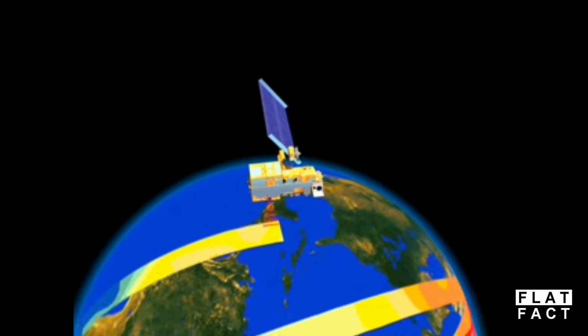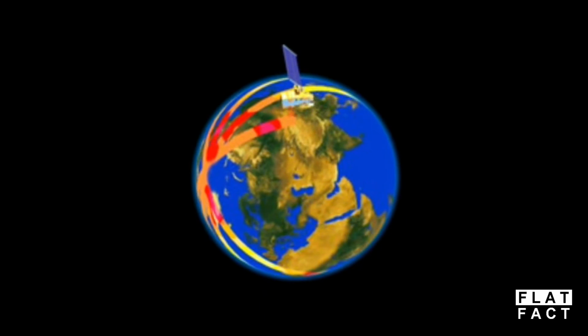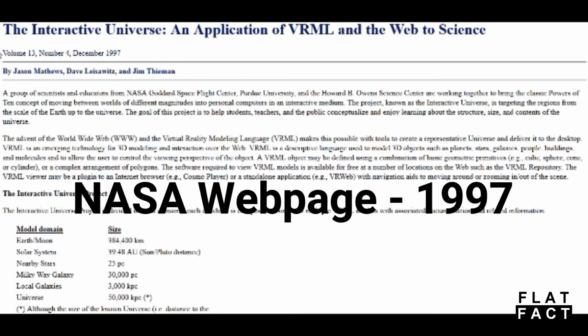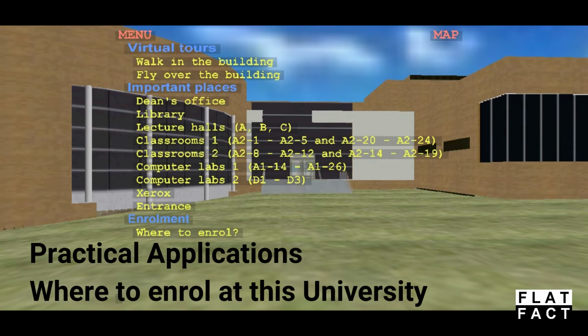I will read this paragraph from the webpage of December 1997. It explains this 3D language called VRML. "The advent of the World Wide Web and the virtual reality modeling language, VRML, makes this possible with tools to create a representative universe and deliver it out to the desktop.